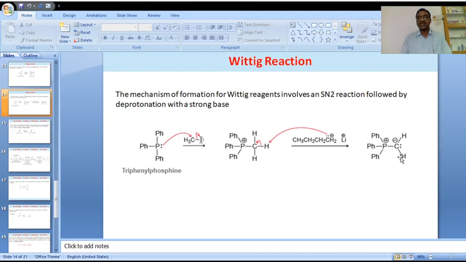It is called an ylide. It is a Wittig reagent prepared from this reaction. Generally, Wittig reagent is prepared from triphenylphosphine on reaction with the alkyl halide in the presence of a strong base. Is it clear, all of you? Okay. This is about Wittig reagent preparation.